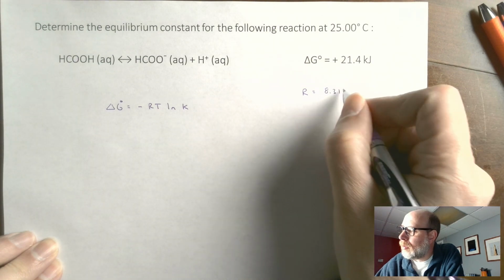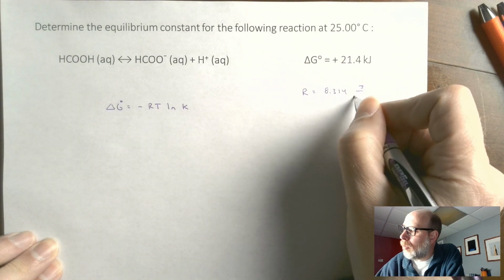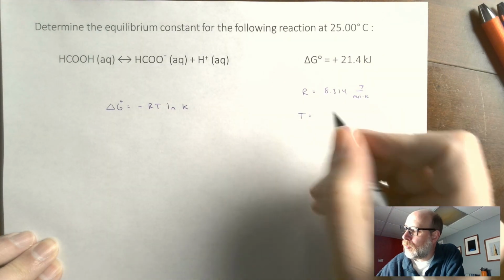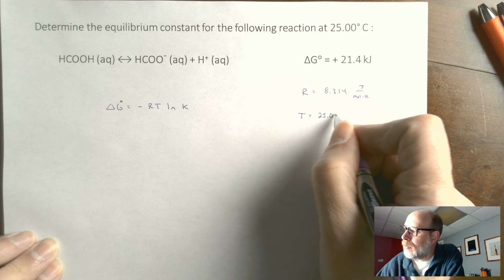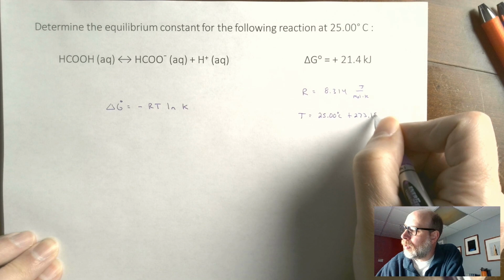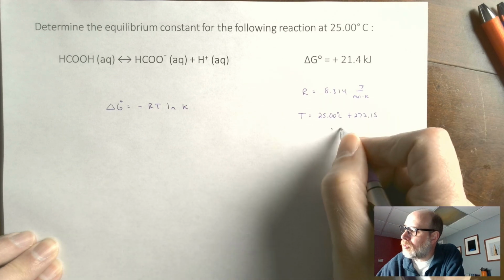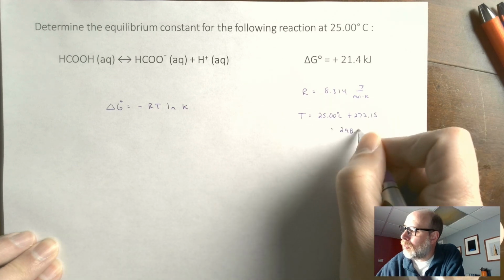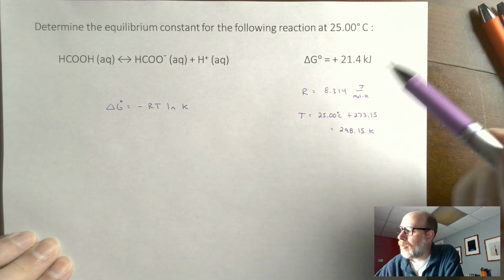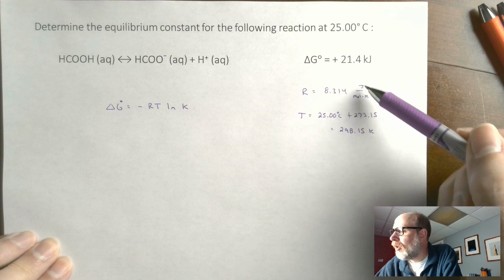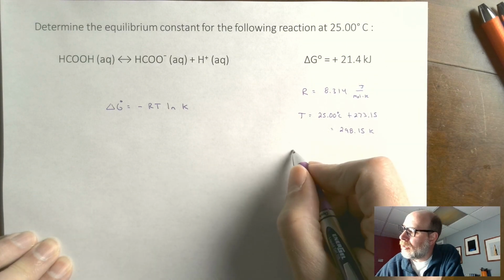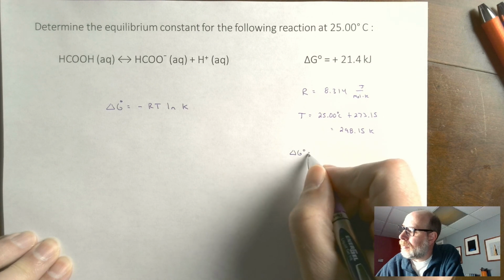R is 8.314 joule per mole Kelvin. Temperature has to be in Kelvin. We're at 25 degrees C, and we add 273.15 to that to get 298.15 Kelvin. And remember that because the gas constant is in joules, we need to have our free energy change in joules as well.